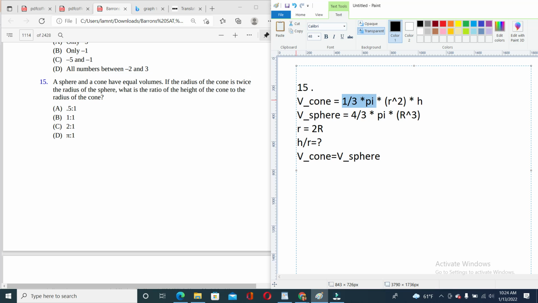So 1/3 of pi times small r squared times h is going to be equal to 4/3 pi big R cubed, right? Okay. So now we see on both sides we have 1/3 pi, so we can get rid of 1/3 pi.